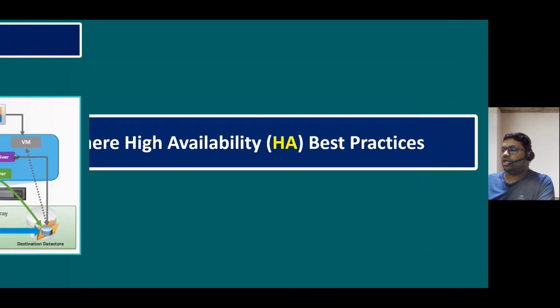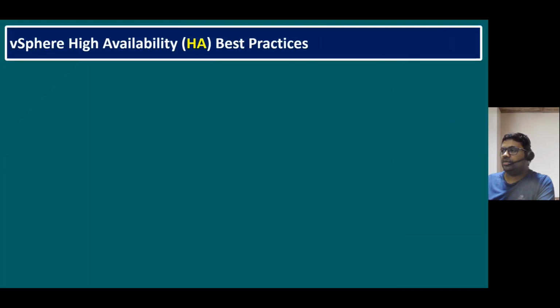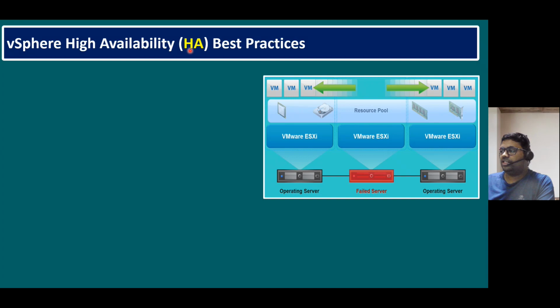Now let's talk about another key feature in vCenter, which is high availability. High availability means continuous availability for our virtual machines. HA is also one of the vCenter cluster features. When you enable HA, if you have 3 hosts in our cluster and any one ESXi host fails, using the high availability feature it will migrate the virtual machines to another ESXi host wherever the resources are available.